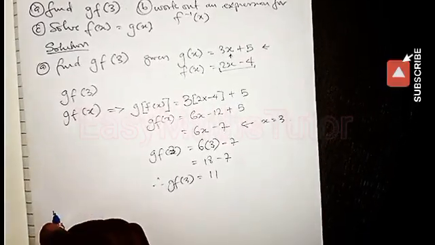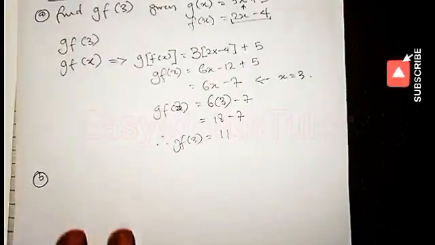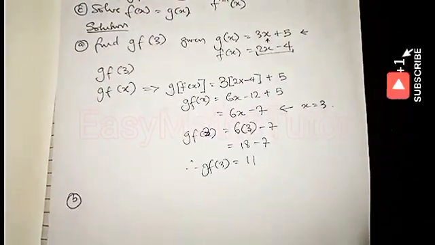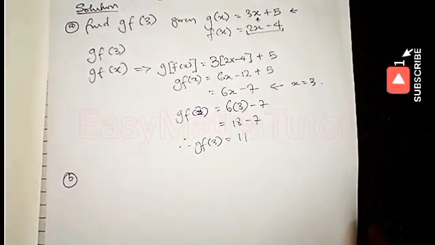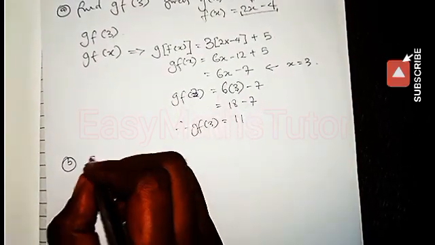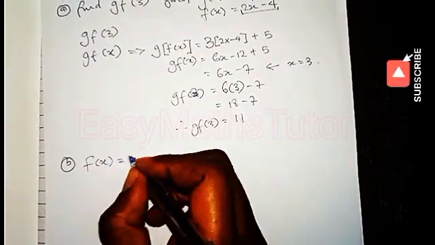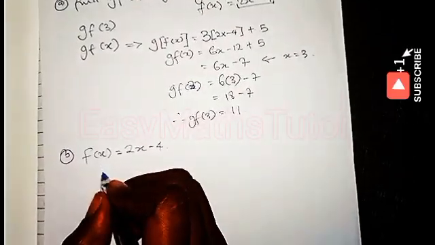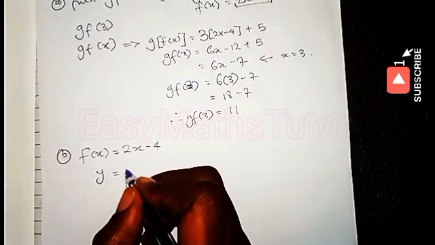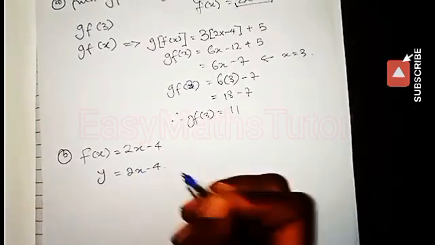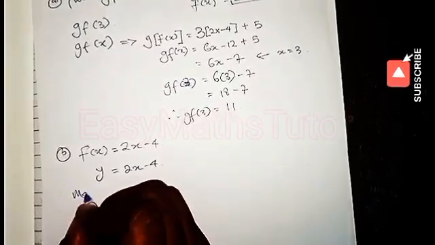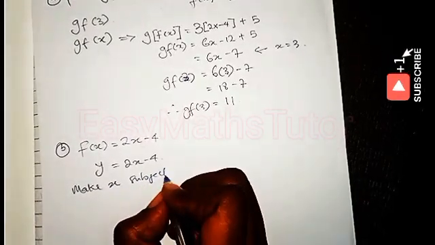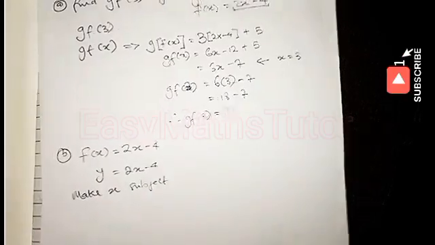So our second problem, B: work out an expression for the inverse of f of x. We know f of x is equal to 2x minus 4. So we're going to rewrite this equation as y equal to 2x minus 4, and then we'll make x the subject of this equation.